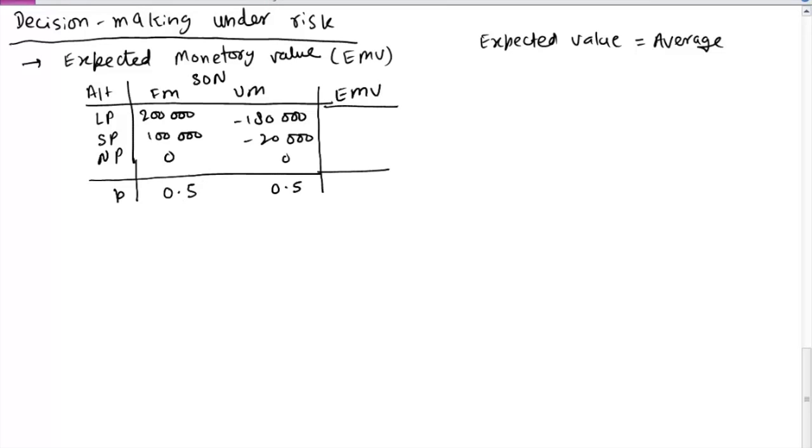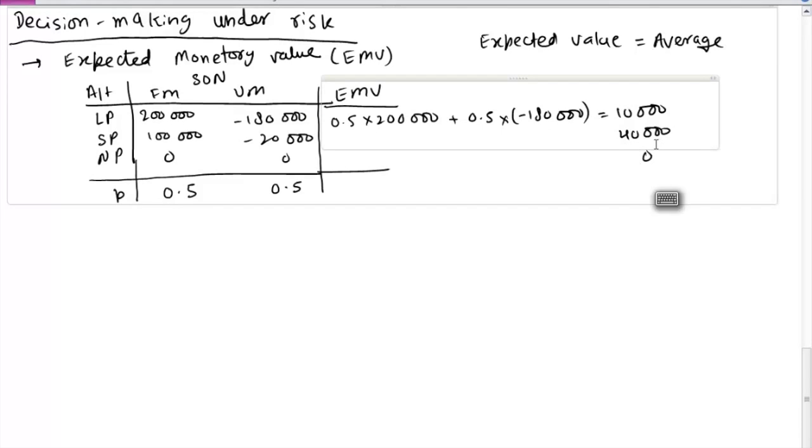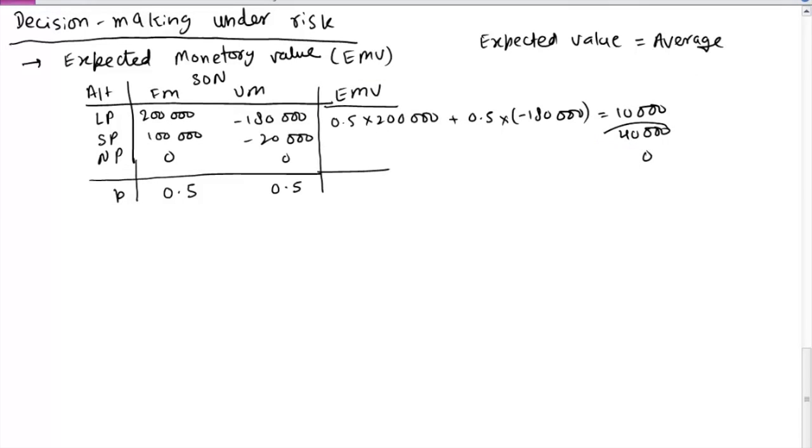So we multiply this probability by the payoff and add them. 200,000 times 0.5, so half of 200,000 is 100,000. Similarly, negative 180,000 times 0.5, so half is 90,000. This one is 40,000, this one is 0. So the best outcome is obviously 40,000. So we can go for a small plant.